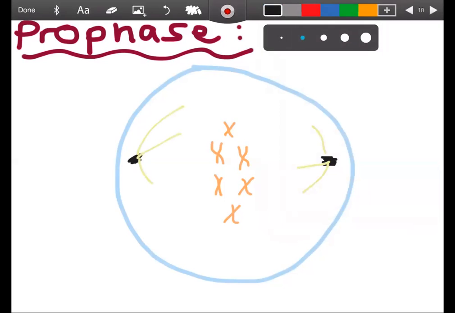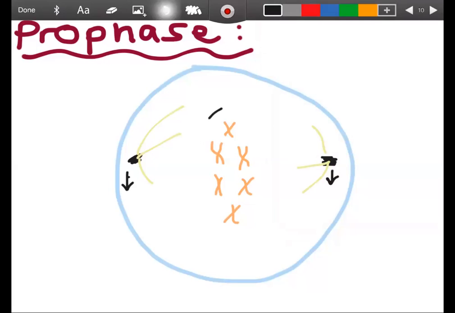So this is why I actually started drawing them onto different sides of the cell. So they would actually be floating in the cytoplasm of the cell, and they would come down to these opposite sides. And now the nuclear envelope is going to start breaking down. So remember, your DNA was inside the nucleus. Now the nucleus is starting to break down and exposing these chromosomes.